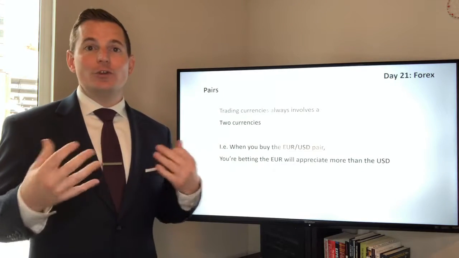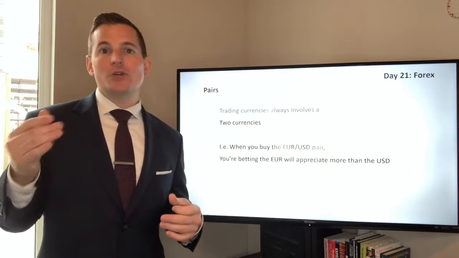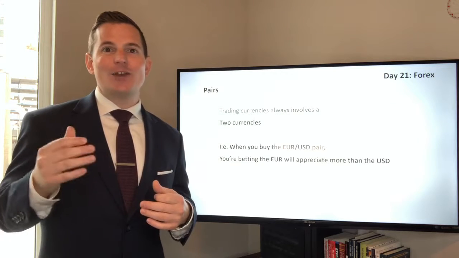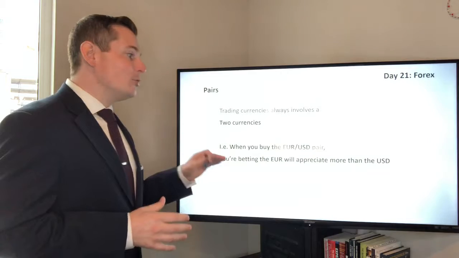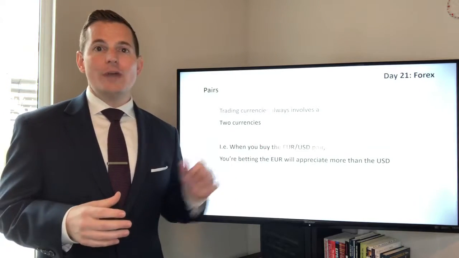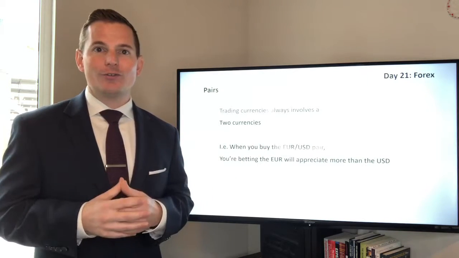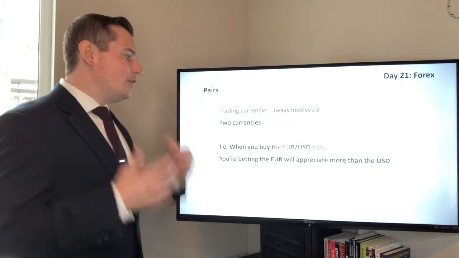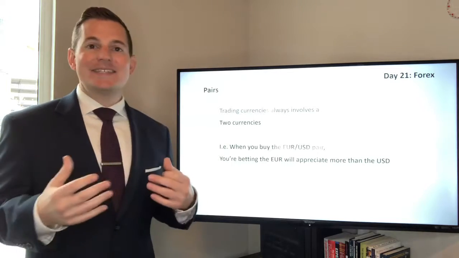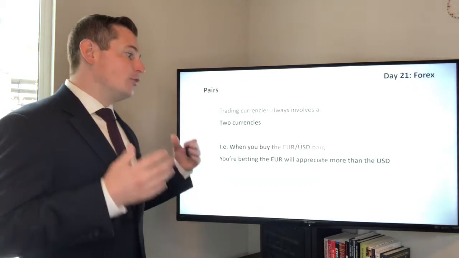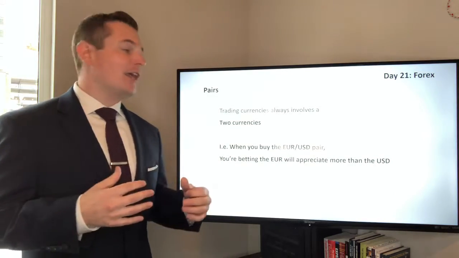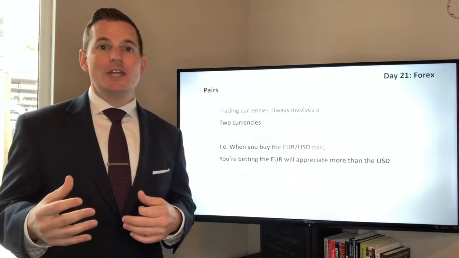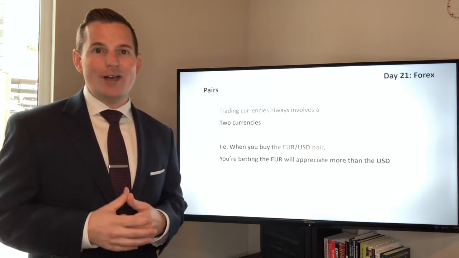And if you thought that the euro was going to appreciate at a greater rate than the US dollar, you could buy the Euro USD pair, right? And if you bought the Euro USD pair and the euro appreciated more than the dollar, then your position would appreciate that amount as well.